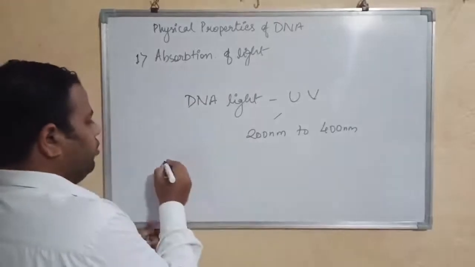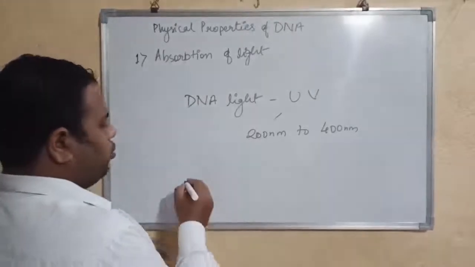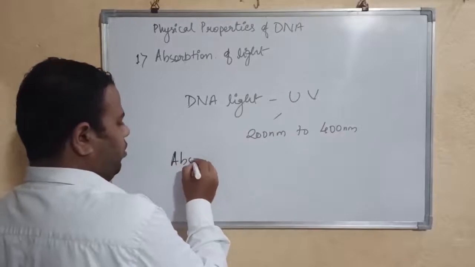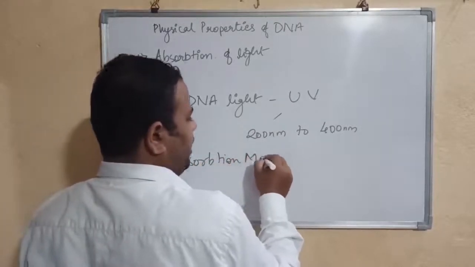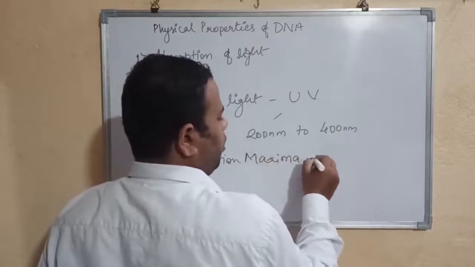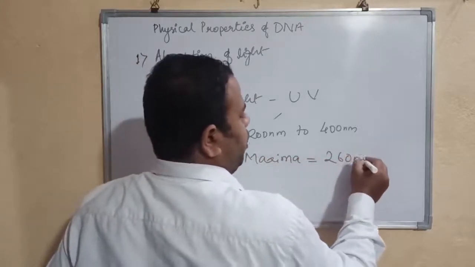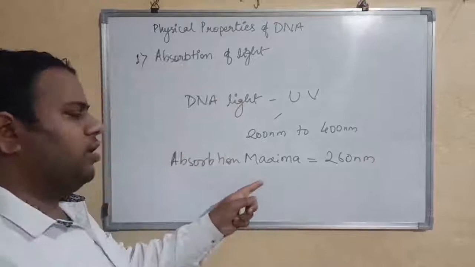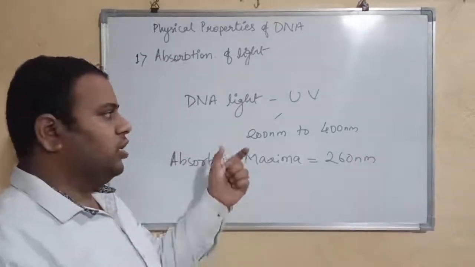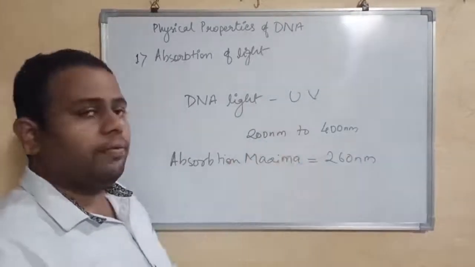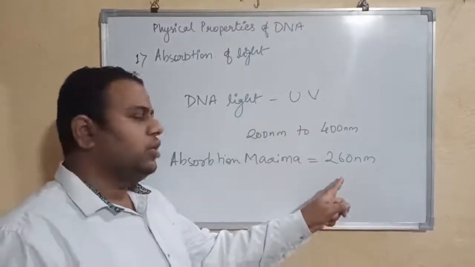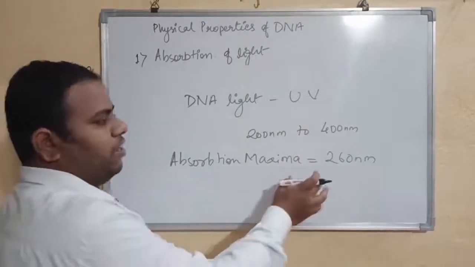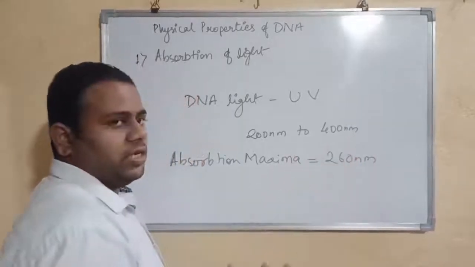The absorption maxima is at 260 nanometer. What is meant by absorption maxima? It is the point at which the biomolecule absorbs the maximum radiation. So for DNA, the absorption maxima is at 260 nanometer. So the DNA will absorb most light at 260 nanometer.